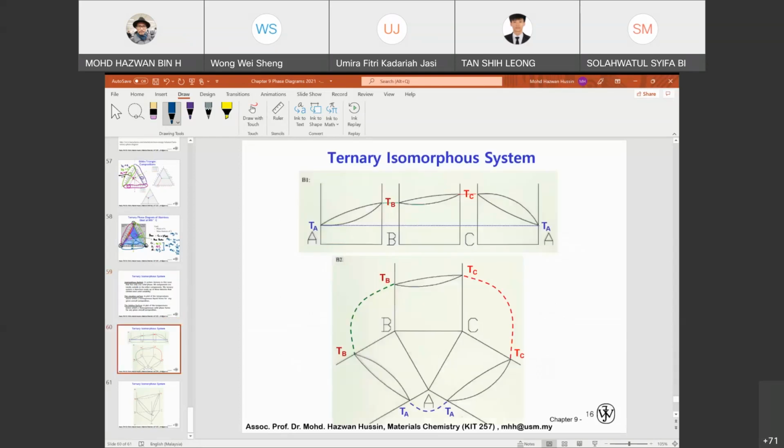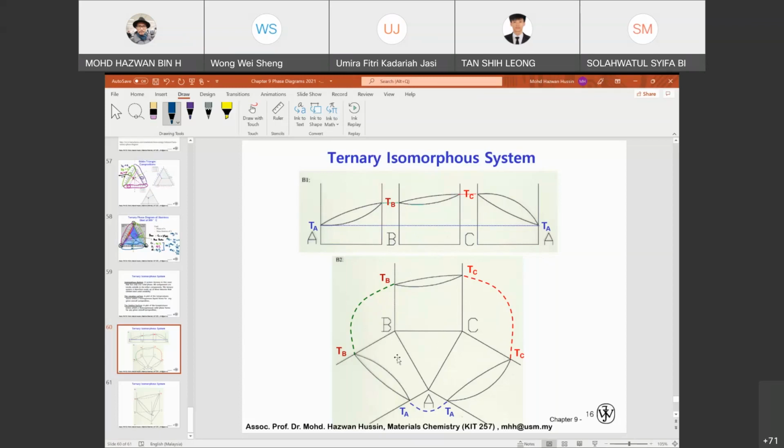For a normal isomorphous system for two components, we see that if we have binary A and B, the phase diagram is going to be like this. You see that it has a leaf-like shape here. How about B and C? We have B and C as well, so isomorphous too, and the shape is like this. And C and A, let's say like this. So if we combine all these three isomorphous phase diagrams, it will produce a three-dimensional ternary isomorphous phase diagram.